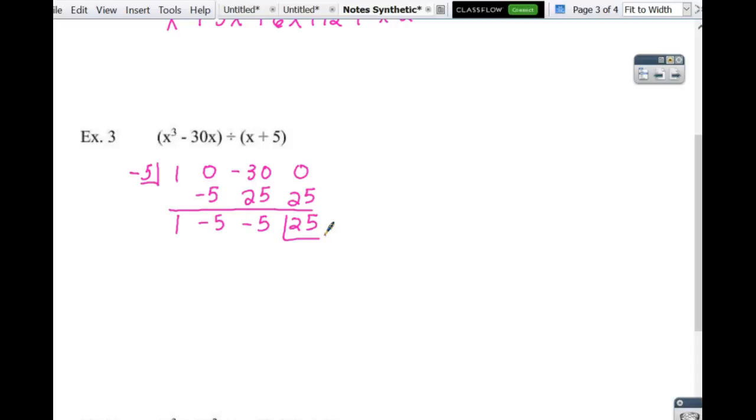So f of negative 5 equals 25. I know that point is on there. My suppressed equation is going to be x squared minus 5x minus 5 plus 25 over x plus 5.